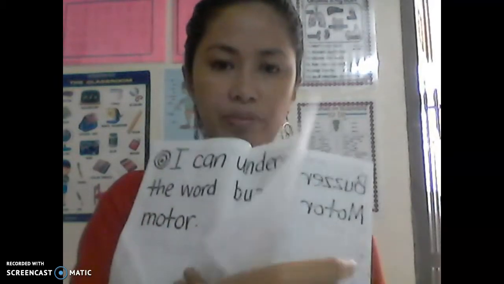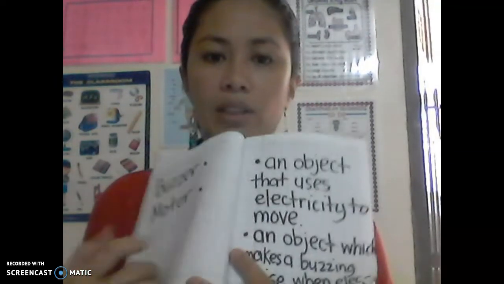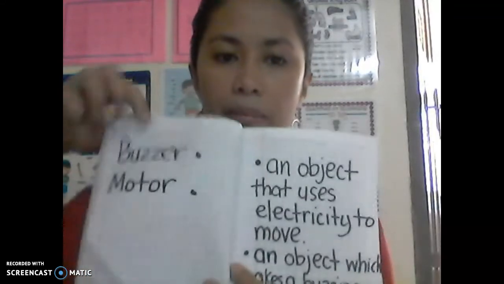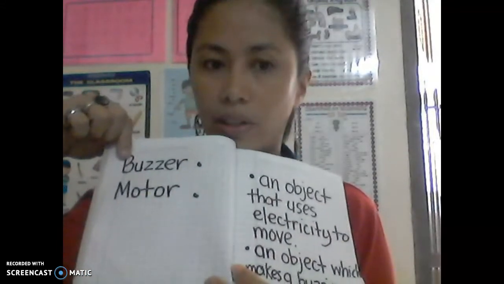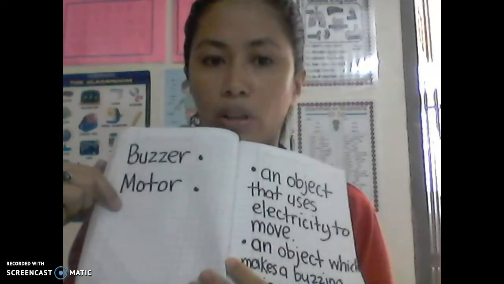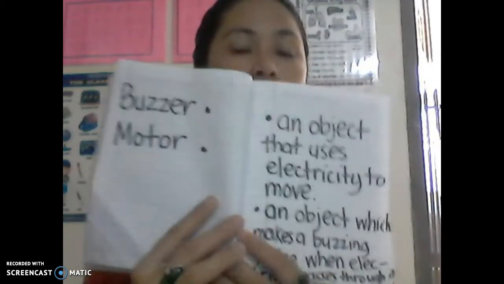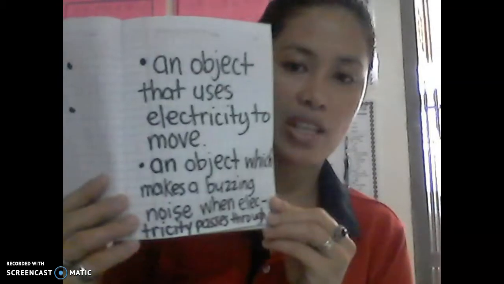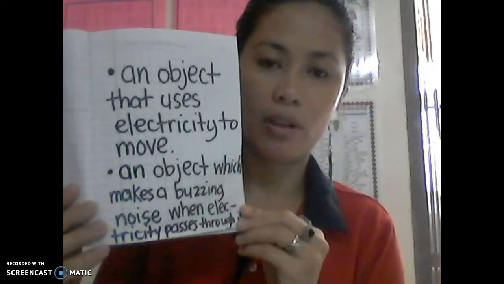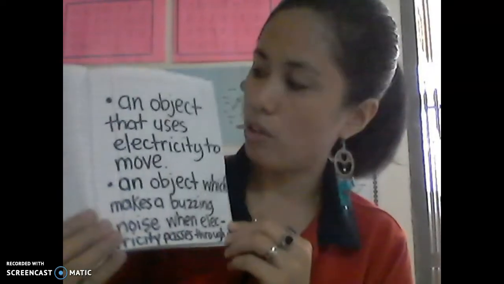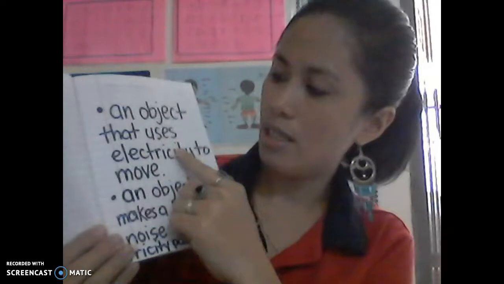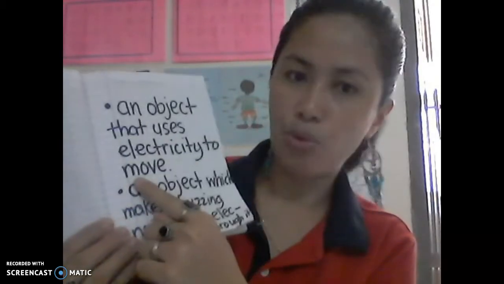So here are the definitions of the words. Buzzer, very good, and this is motor, right? So here are its definitions. So we are going to match this later on. Here, an object that uses electricity to move.